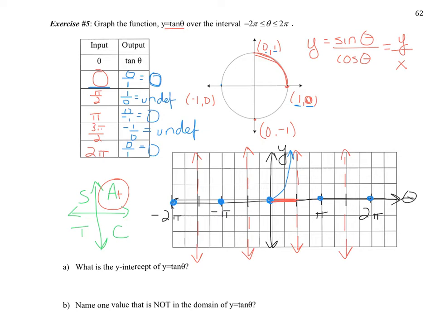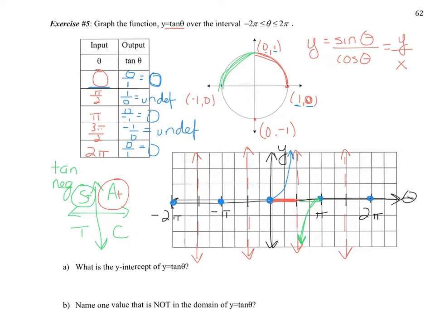Going to quadrant 2, which on my graph is from pi over 2 to pi, tangent is negative because sine is the only thing that's positive. So this piece has to head down as we head towards the asymptote in that direction.